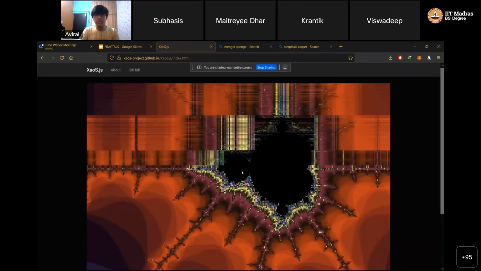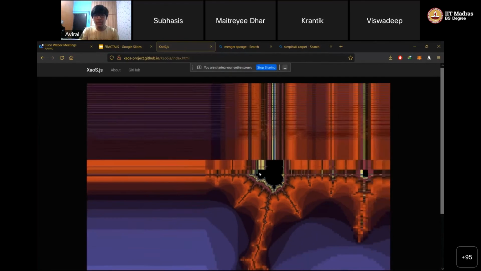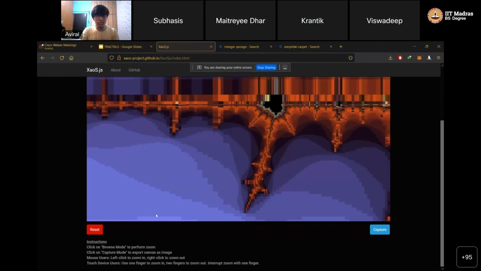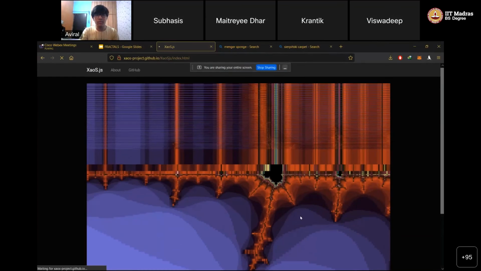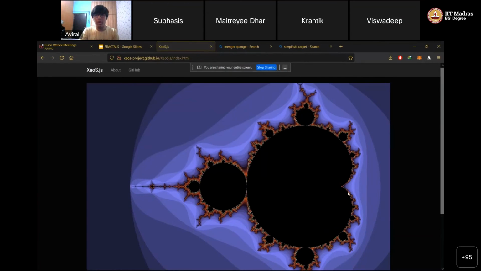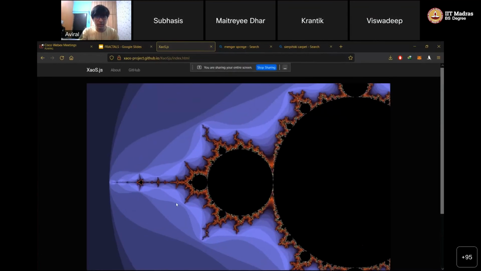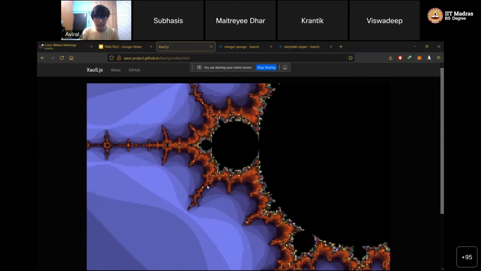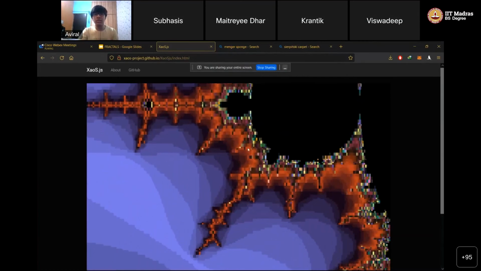So back to the simulation again. As you can see, all the black part is a bounded condition, so it is not going to infinity. But there's also a colored pattern. The different colors show how fast the function is going to infinity.